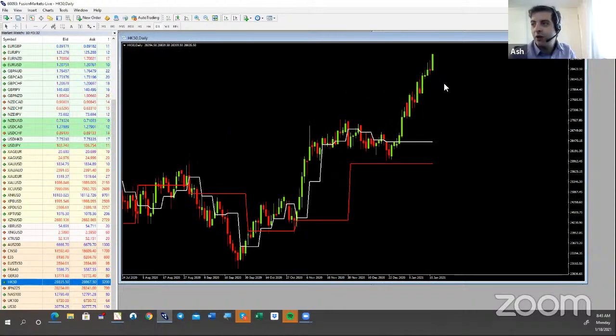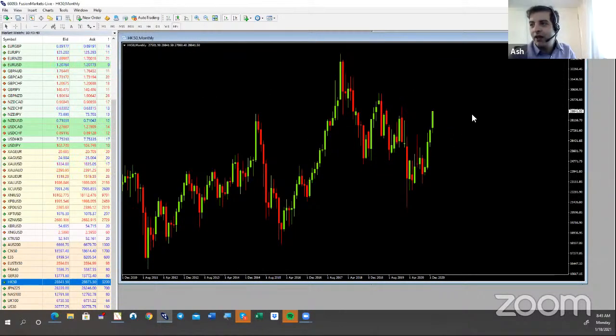The Hang Seng as well, as I say, not interested in trading China really. It's an obvious trade to the upside because of the way that they managed to control the pandemic, but it's not attractive here. It's kind of breaking out into levels that looks like it needs to come back and give us some retracement.